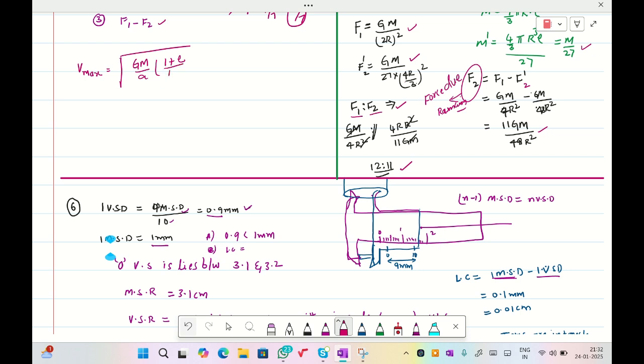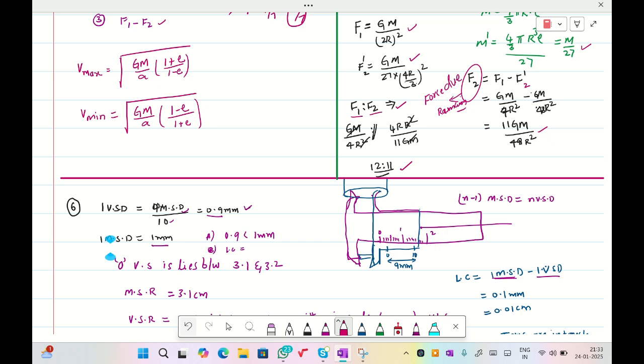And V minimum is equal to root over GM by a into 1 minus e by 1 plus e, where a is the semi-major axis. For minimum, the denominator should be the maximum value, 1 plus e. To remember it like this, e is the eccentricity, the ratio of the distance of the focus to the semi-major axis.